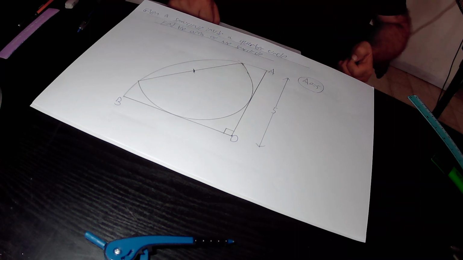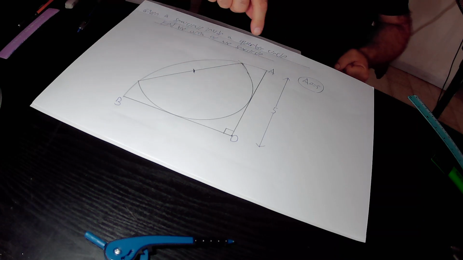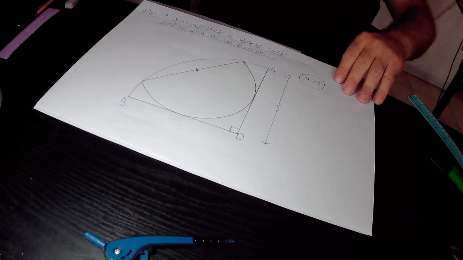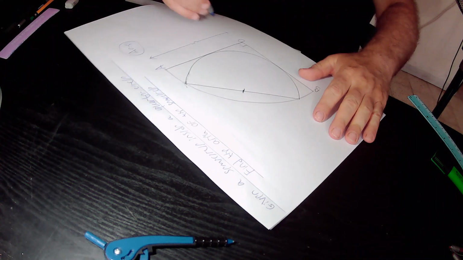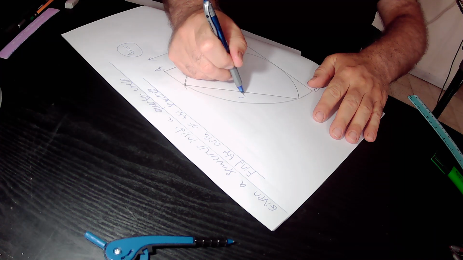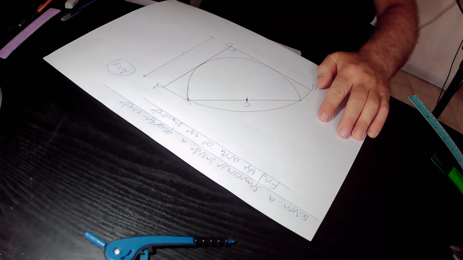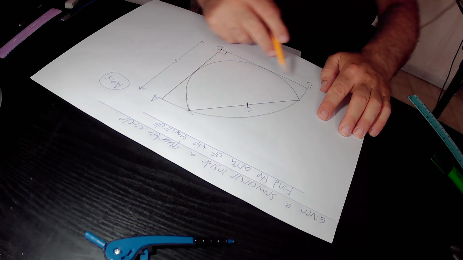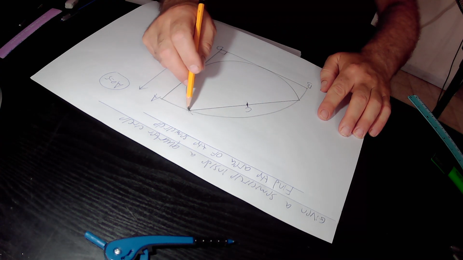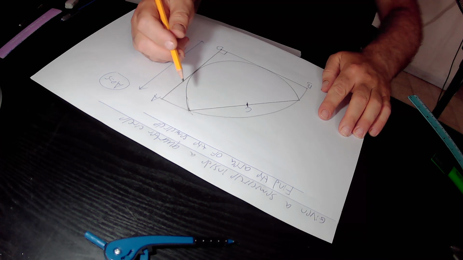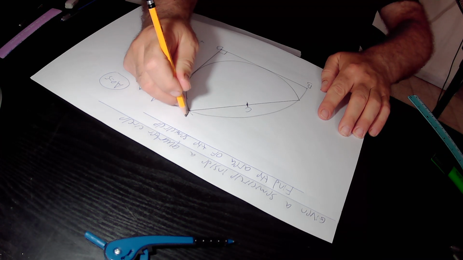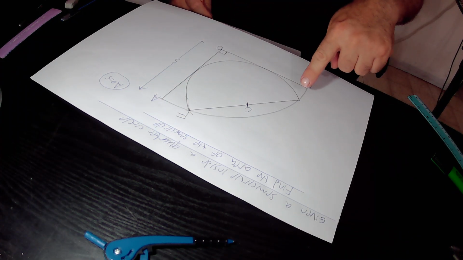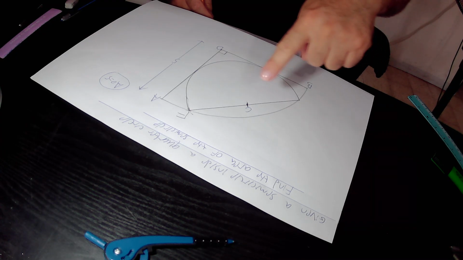So first of all, we will define the center of this semicircle. This point is point C. We will define the touching point of this semicircle with this quarter circle. This point is point F. Likewise, we will define the touching point of this semicircle with this quarter circle.